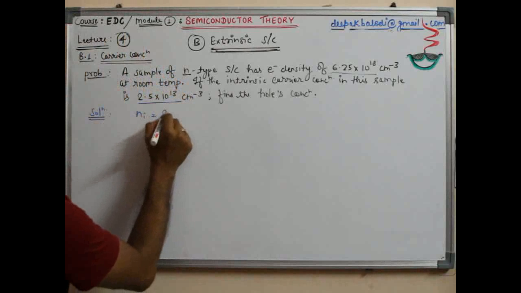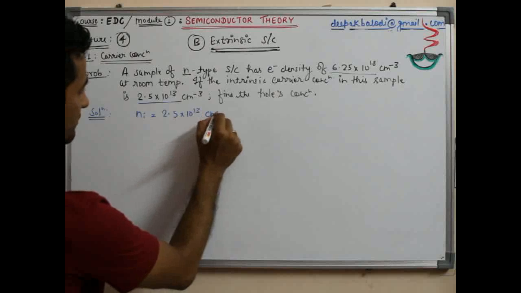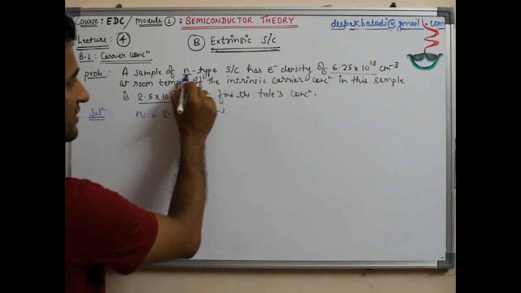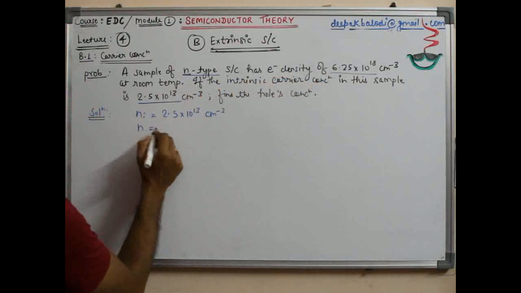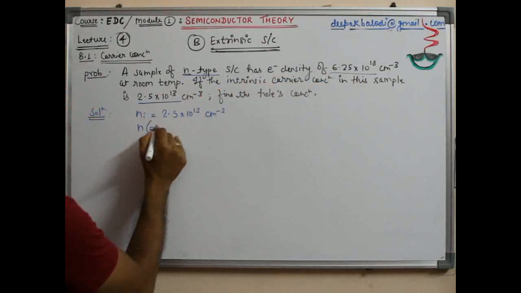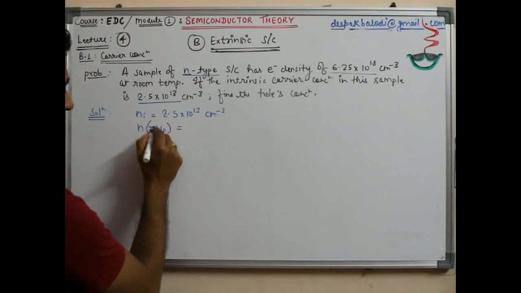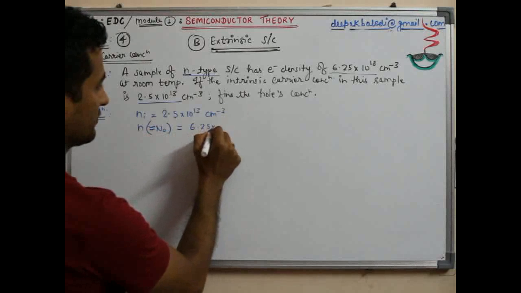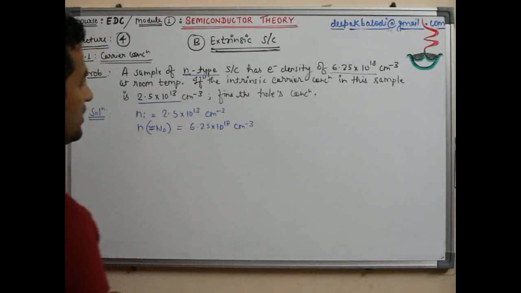Therefore Ni is the intrinsic carrier concentration, and because it is n-type, the majority carrier concentration, which is n, should be approximately Nd, 6.25 into 10 to the power 18 per centimeter cube.